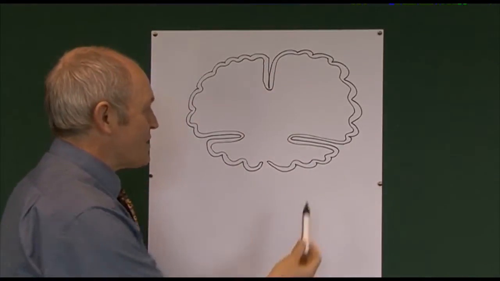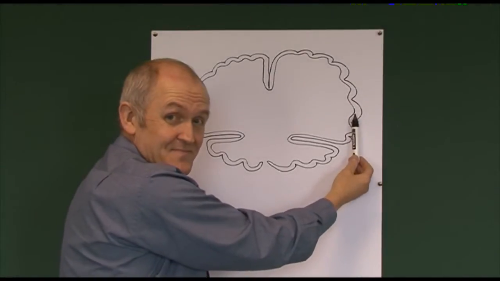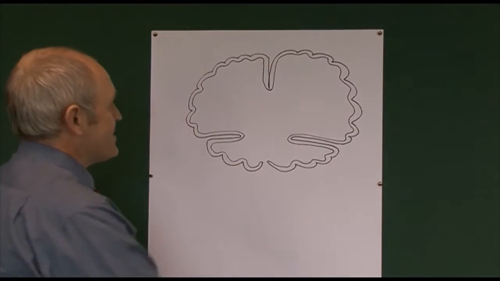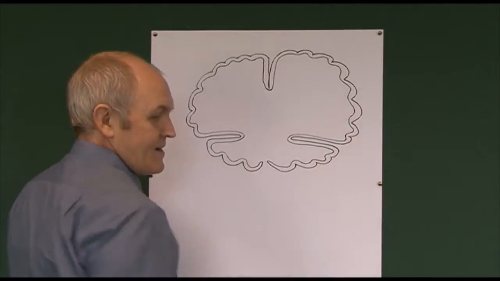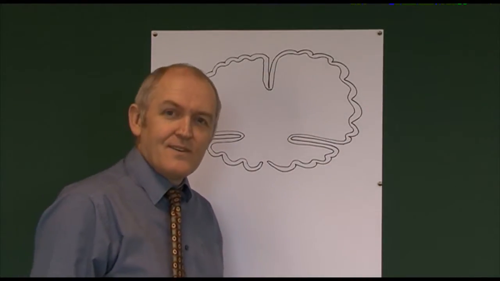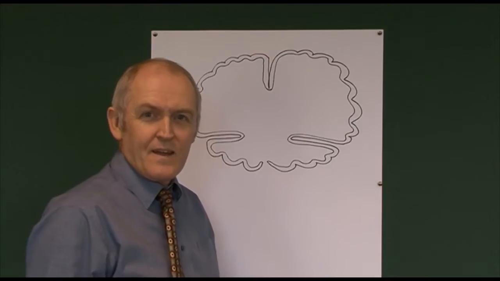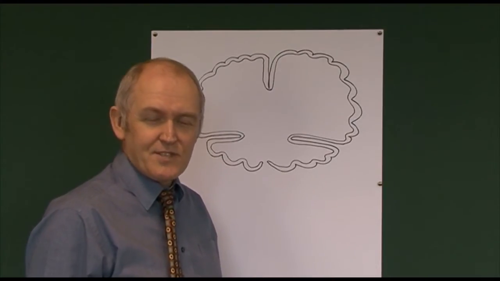And as we've said, the cerebral cortex is the grey matter. Now let's imagine that this coronal section is at the level of the frontal lobes in the precentral gyrus.